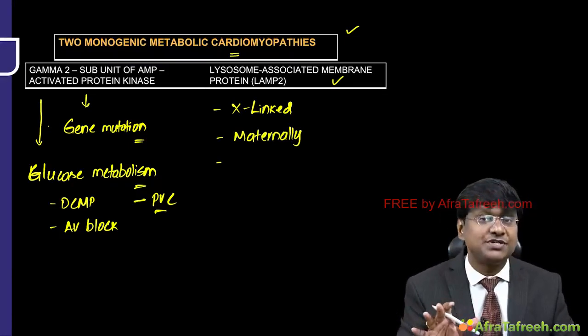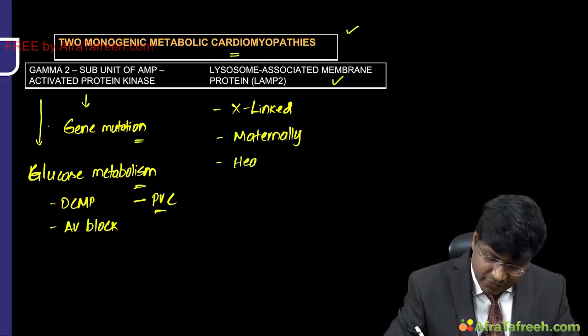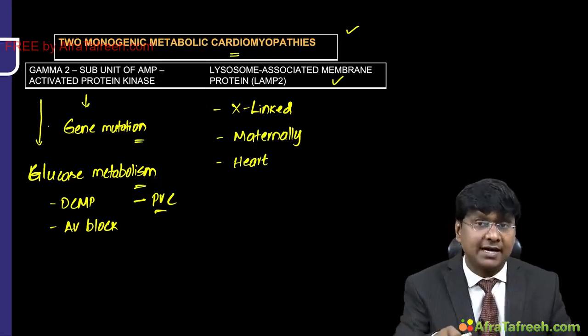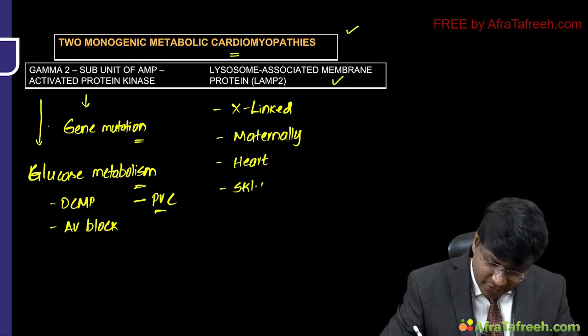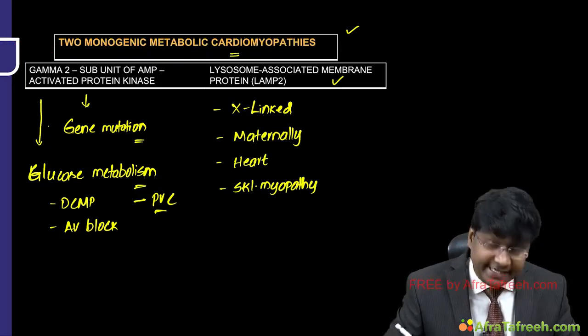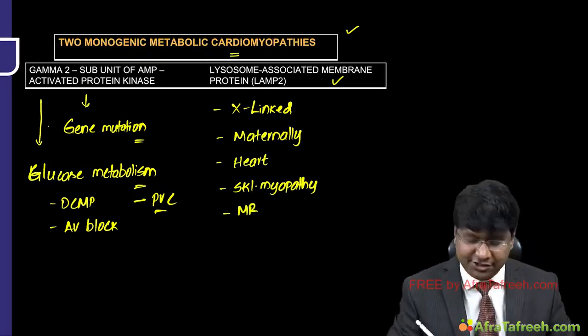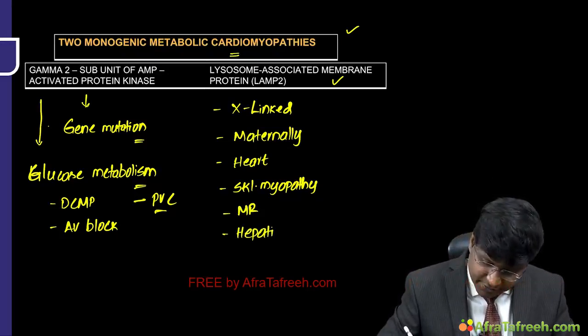The structures affected in LAMP2 mutation are, one, the heart, which is defective. Apart from the heart, there is development of skeletal myopathy, mental retardation, and hepatic dysfunction.